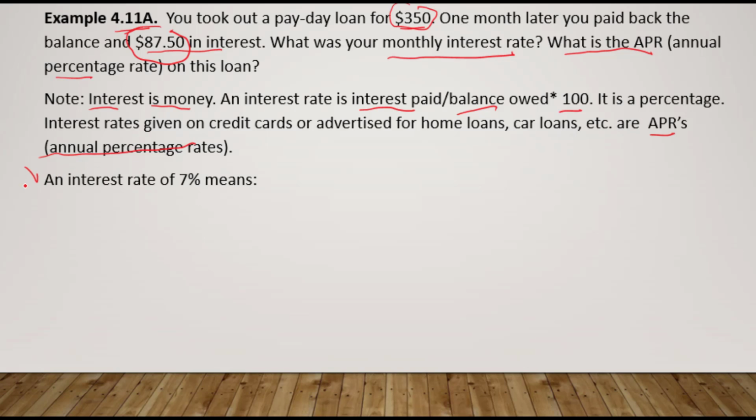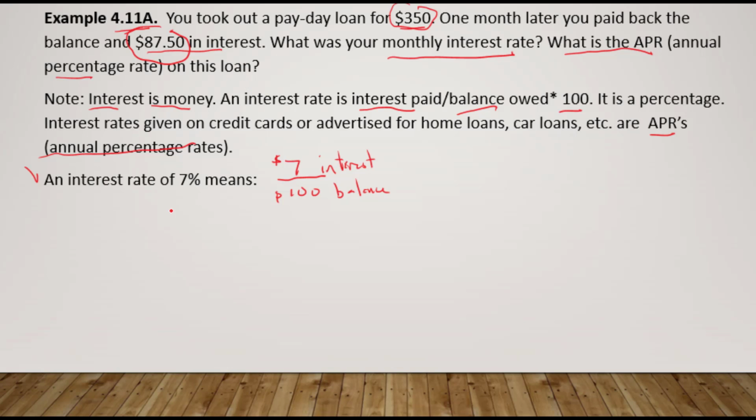So, for example, an interest rate of 7% means that for every $100 you borrow, you pay $7 in interest. So this is the interest, and this is the balance.